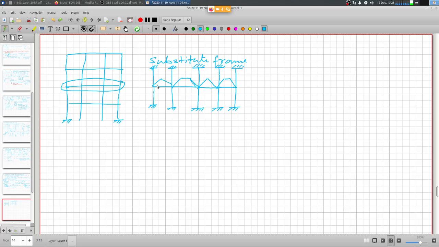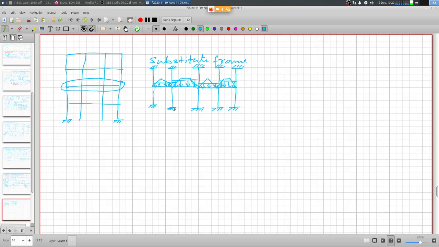So these are the tributary area, and this will lead to total loads, right?